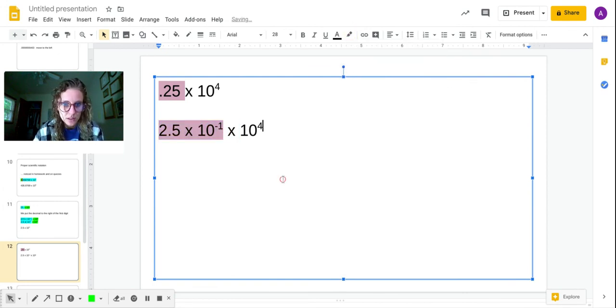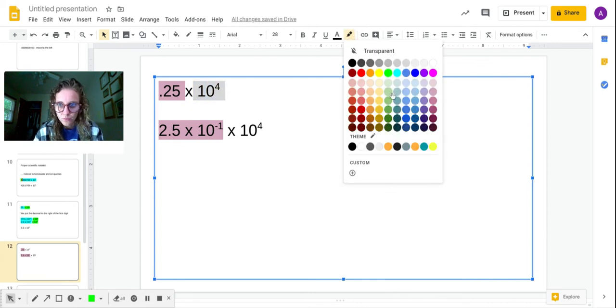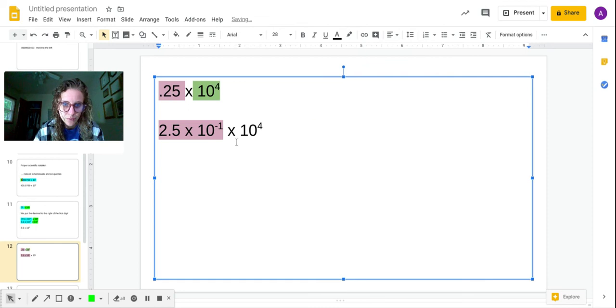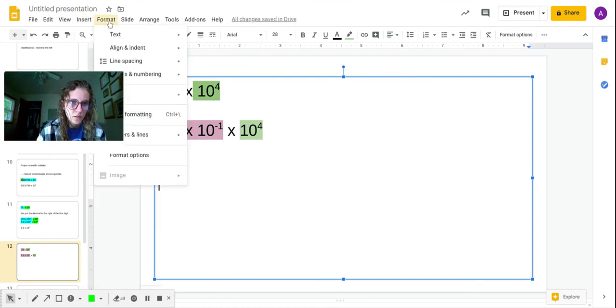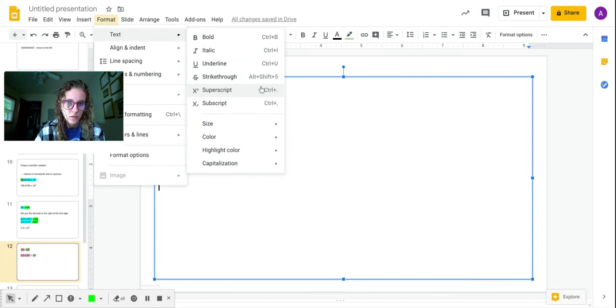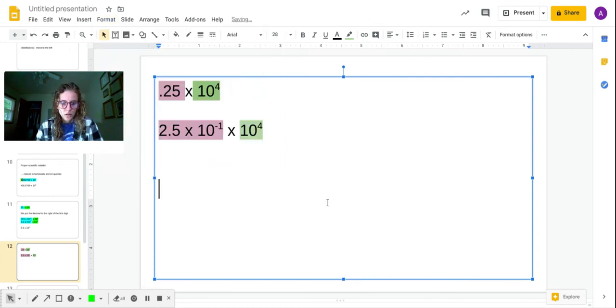And then we keep our 10 to the 4th. I'm going to do green. This is the same as that. Okay, so what we're going to end up with is 2.5 times 10 to the 3rd.